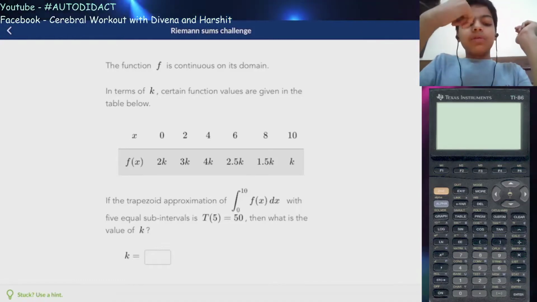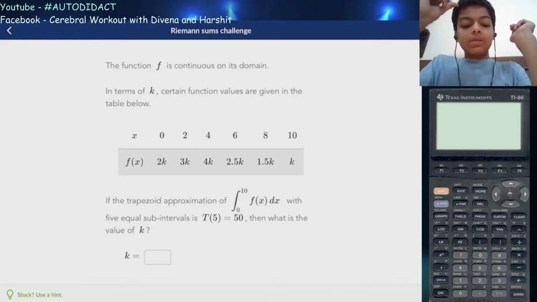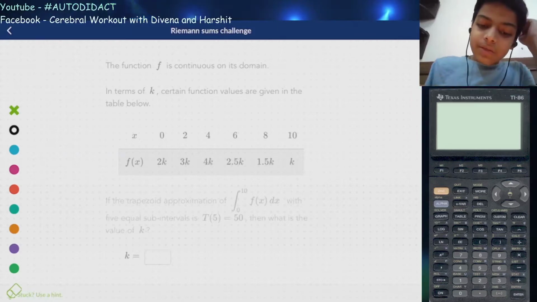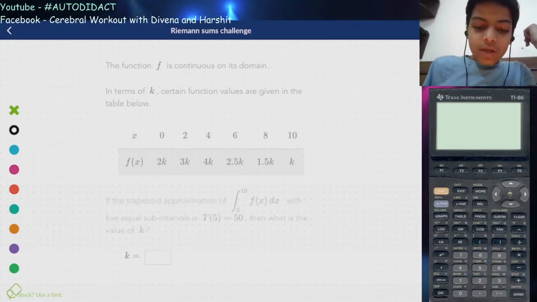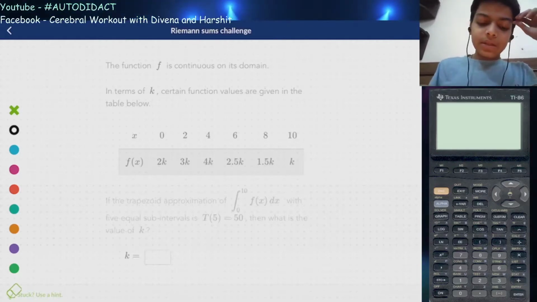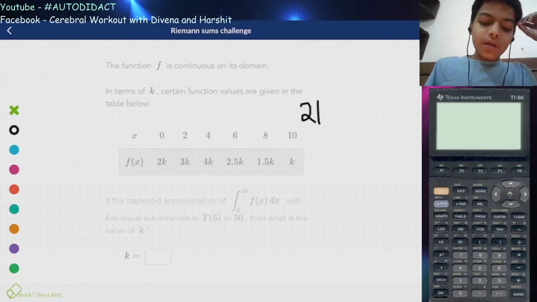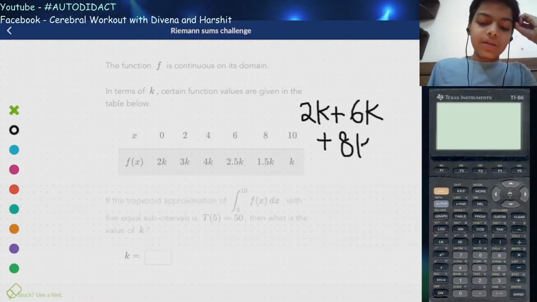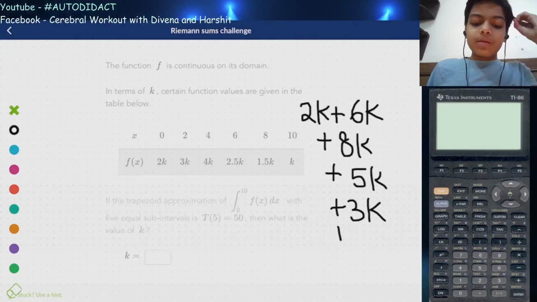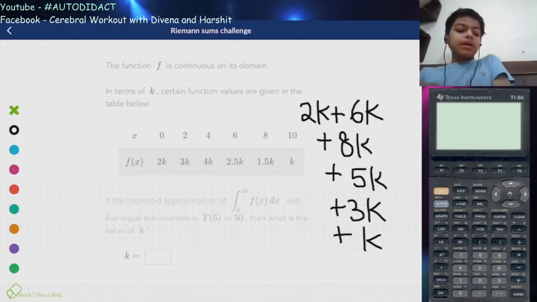Okay, so we know that delta x is equal to 2, so it will just be equal to 2k. When we add these all in the formula, it will be equal to 2k plus 2 times 3k, which is 6k, plus 2 times 4k, which is 8k, plus 2 times 2.5k, which is 5k, plus 3k plus only k.